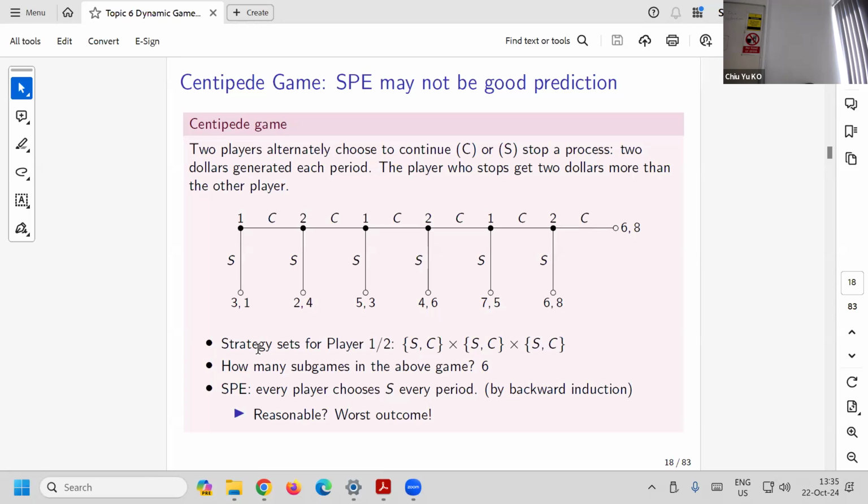So start with $4. If player one stops, he will get $3 because he will get $2 more, and the other guy gets $1. And if player one decides to continue, there will be $6 in the pot. If player two stops the process, player two will get $4 and player one will get $2.